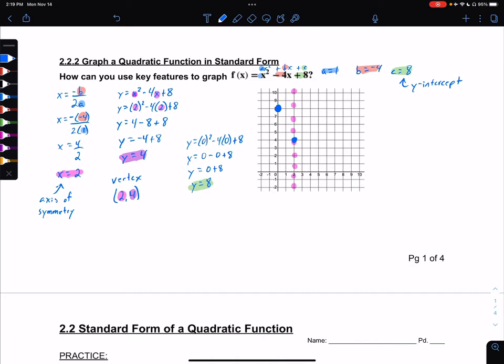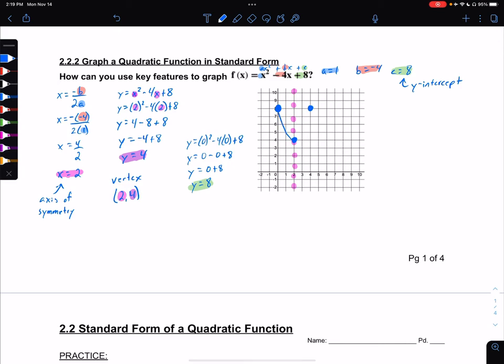So what we can do is look at this y-intercept as being 2 units away from the axis of symmetry. So if it's 2 units to the left, if this is truly a mirror, which it is, we're also going to have a point 2 units to the right of the axis of symmetry. So that means if I have this point (0, 8), I'm also going to have this point here, (4, 8). So you'll mirror the y-intercept on the other side.